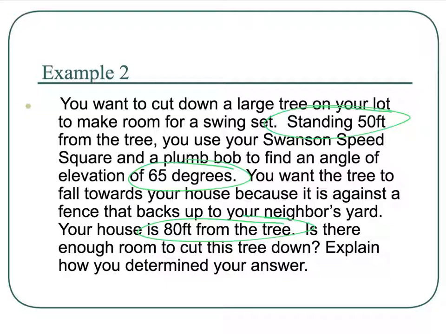Okay, so let's shrink this up a bit, make ourselves a little bit of room to draw our diagram. So we've got this tree, and we're standing 50 feet from it. Let's see if we've got a brown marker. All right, I found one. So we got our tree, and I believe that tree will be rather lush.